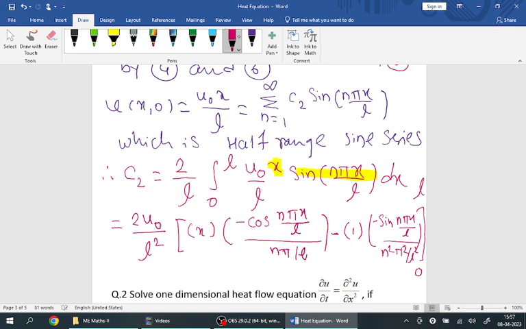But as usual, the value of sine goes to 0, so that term goes to 0.